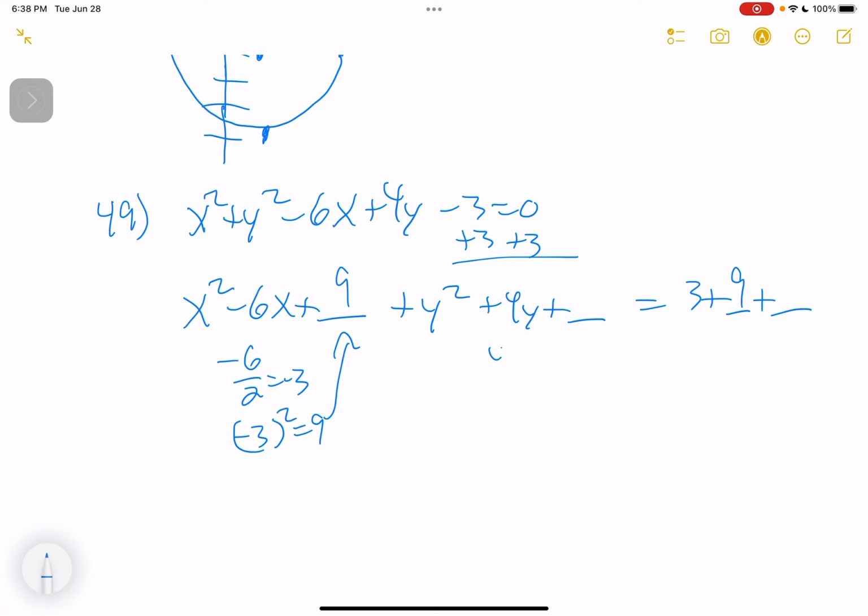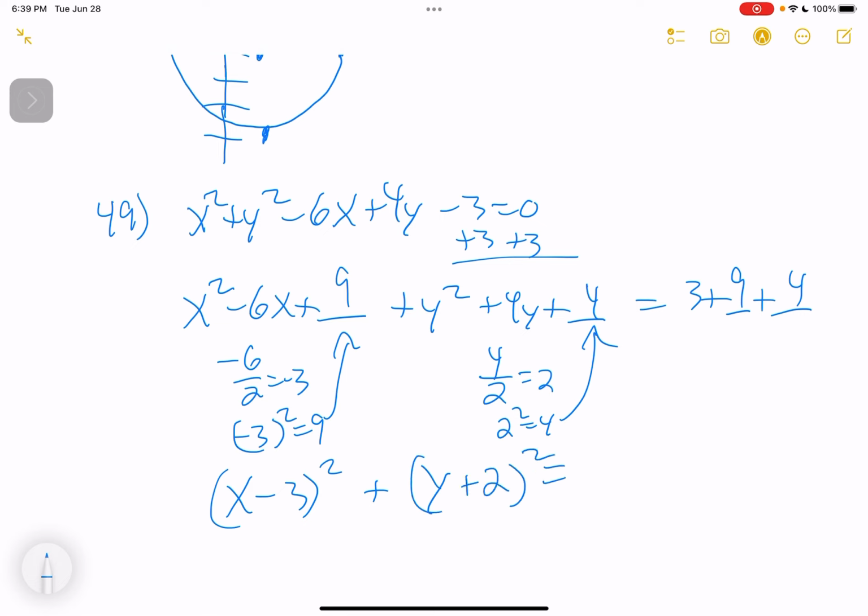And then 4 divided by 2 is going to be 2. 2 squared is 4, so I'll put a 4 there and a 4 there. So we end up with x minus 3 squared. Notice the 3 there. Plus y plus 2 squared equals 16.